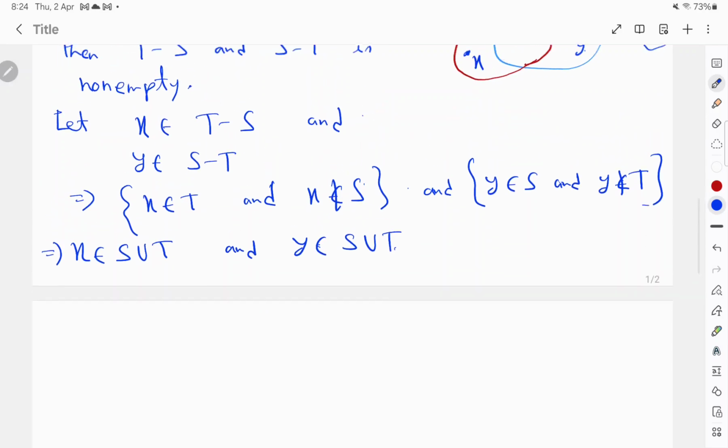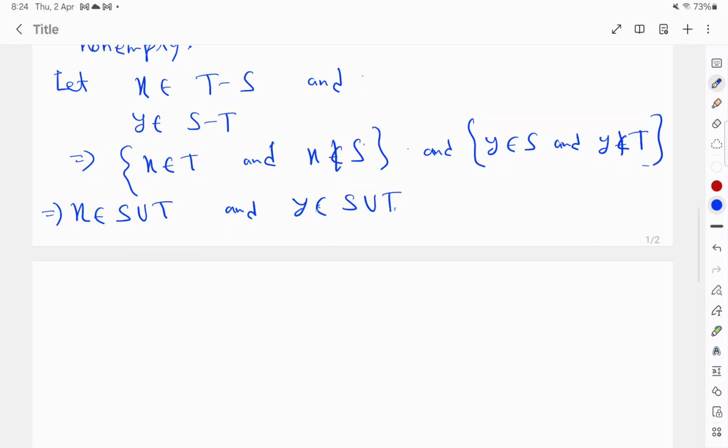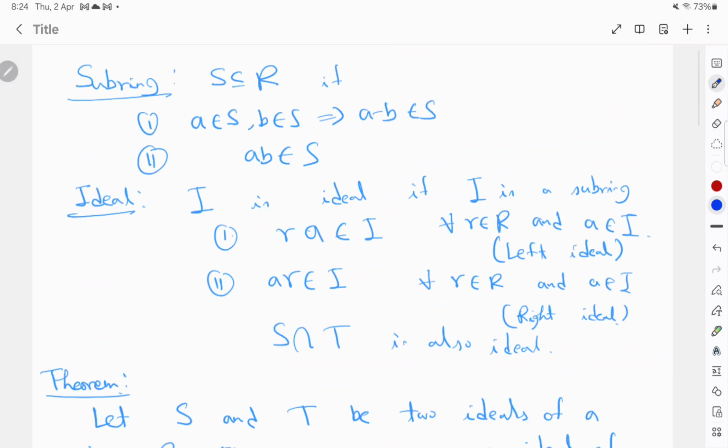Now just think in this way: since S union T is an ideal, X minus Y belongs to S union T, because obviously the subring property holds, right?